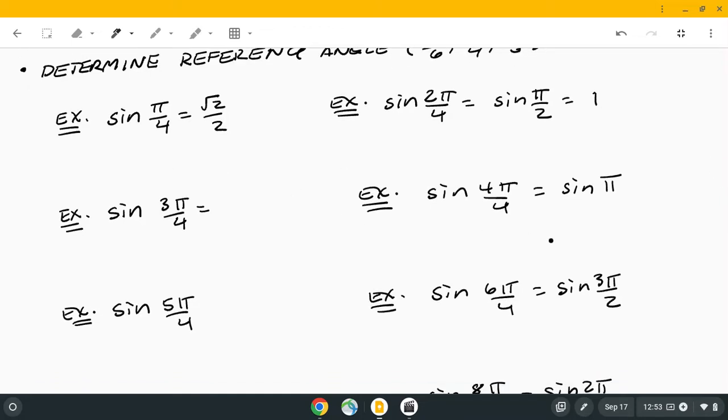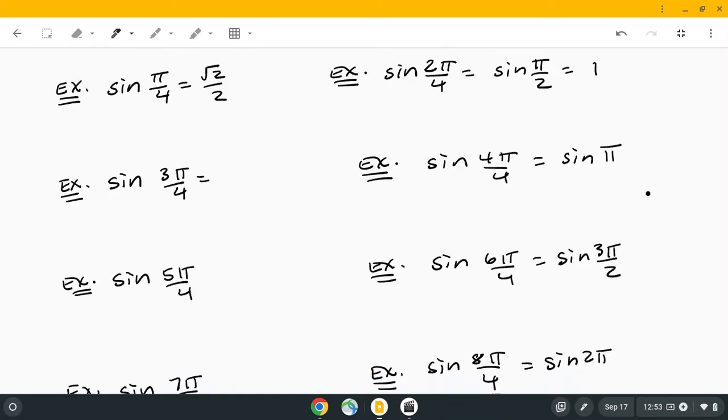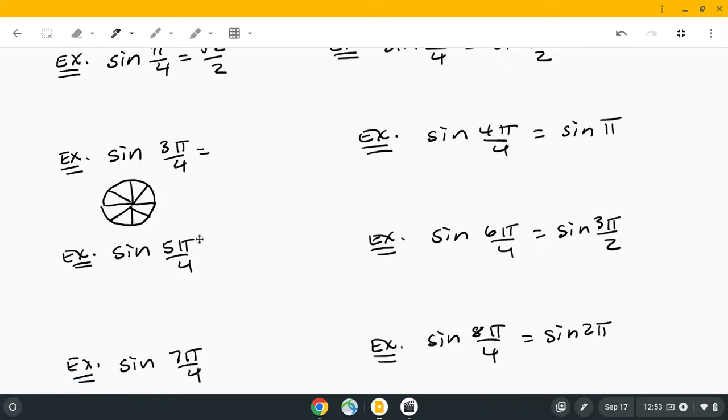Over here, I would draw my circle, and this is fourths, so I would draw my 4 pieces, top and bottom, because we're going to need more than 4 for some of these, since we're doing more than acute angles now, right?